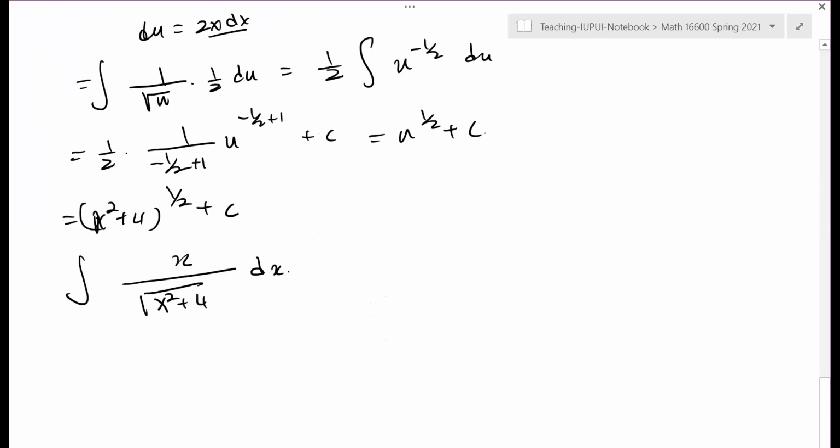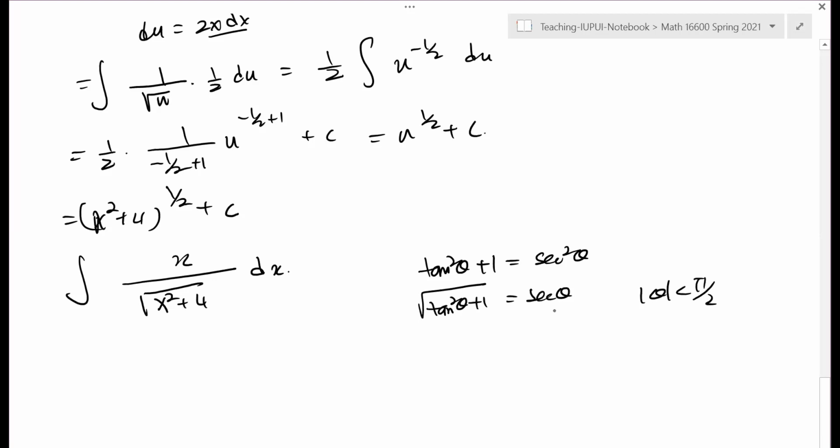This time, how can I remember: tangent square theta plus 1 equals secant square theta. So if you put a radical there, then you can get rid of the radical. And here theta should be less than pi over 2.